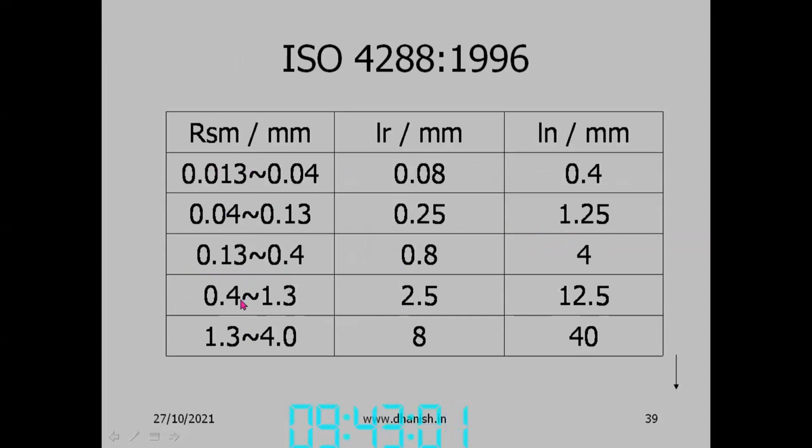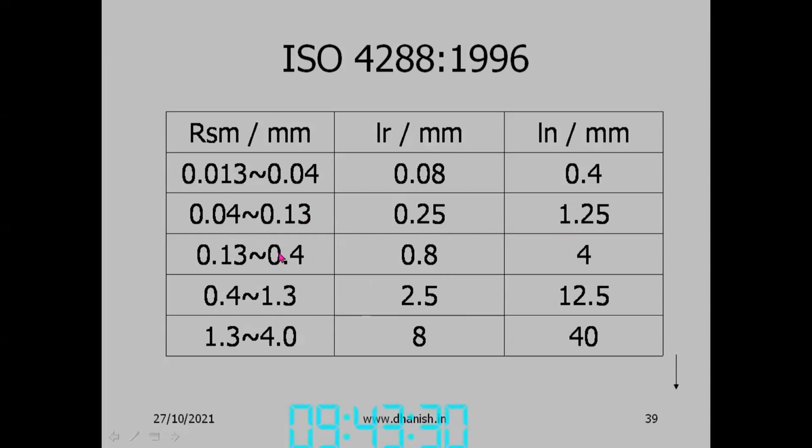Okay, so say RSm is around 0.4, then for 0.13 to 0.4, the sampling length is 0.8. We should reduce to 0.5 only if RSm is smaller than this. But for both samples, that was not the case, so choosing a sample length smaller than 0.8 may not be correct.